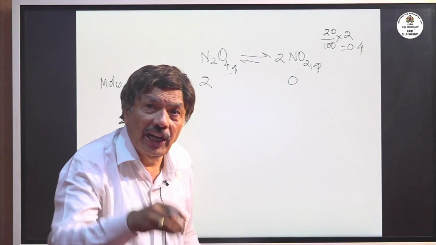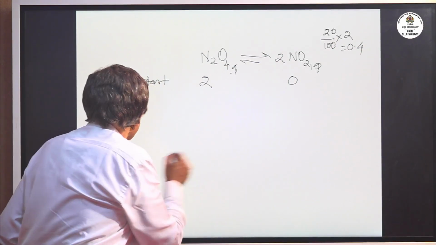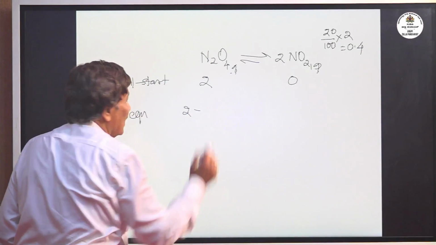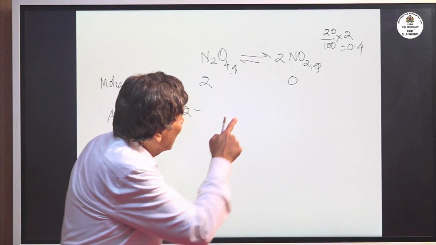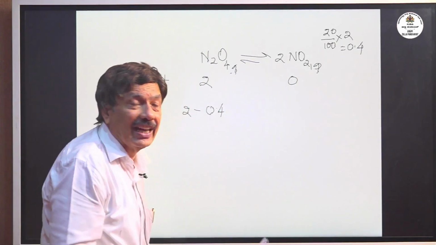Right now, 0.4 undergoes decomposition. So what remains is, at equilibrium, 2 we have taken, out of that how much undergoes dissociation? 0.4.